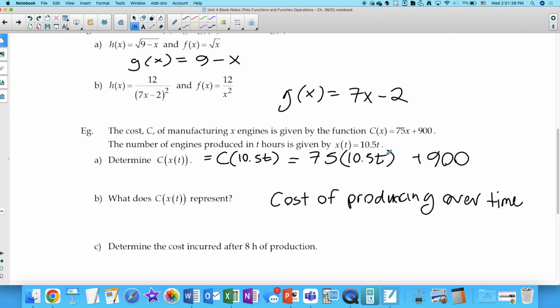Essentially, by creating this composite function, I've changed the independent variable from the number of engines to now time. So I don't know, what's 75 times 10.5? 787.5.